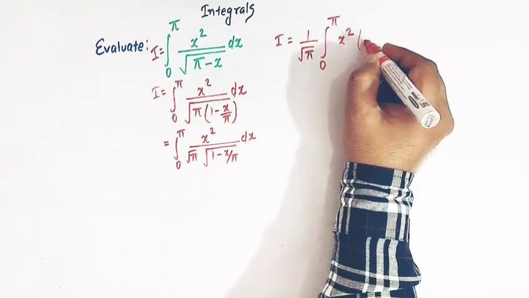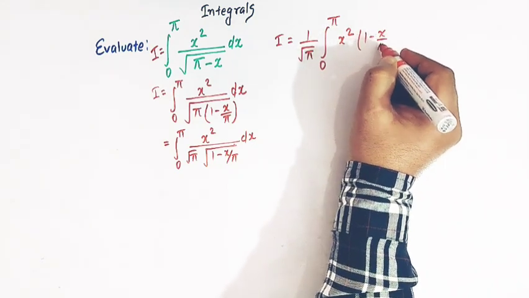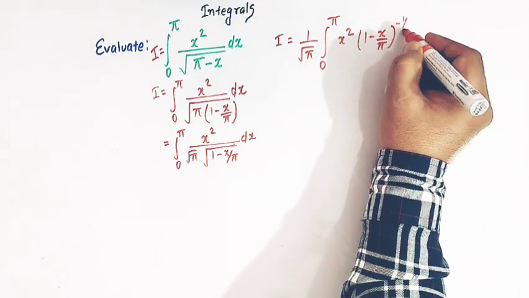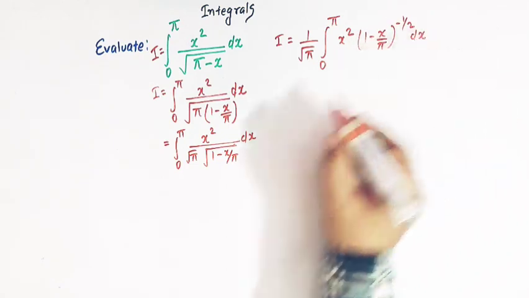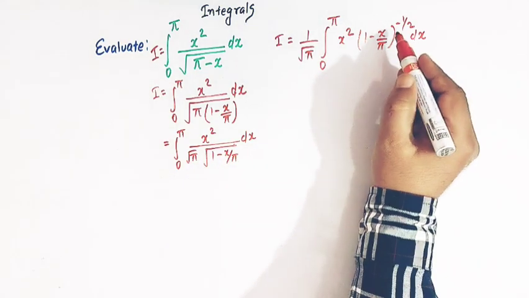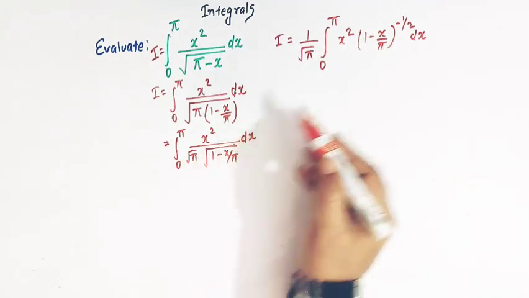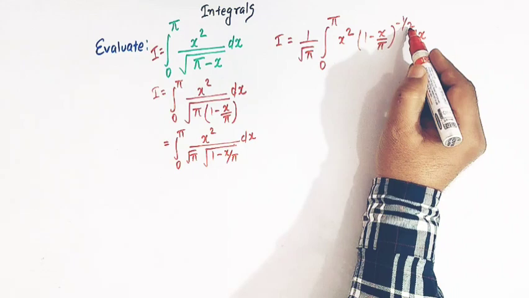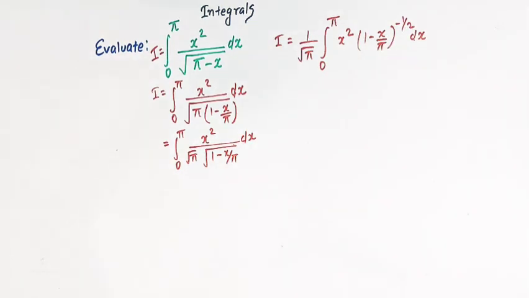So we can write 1 minus x over pi raised to minus half, right? Because this is square root, this is 1 over 2 power, so we can take it to the numerator. So this is minus 1 over 2.